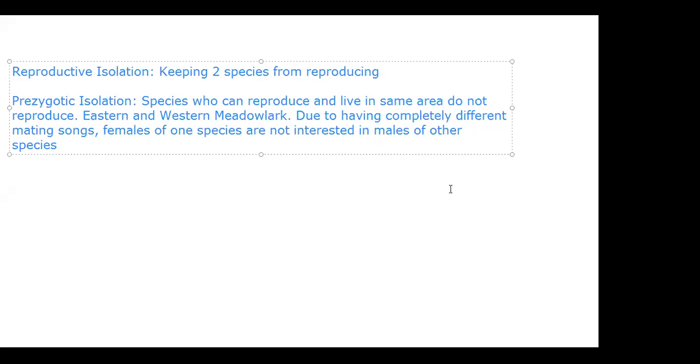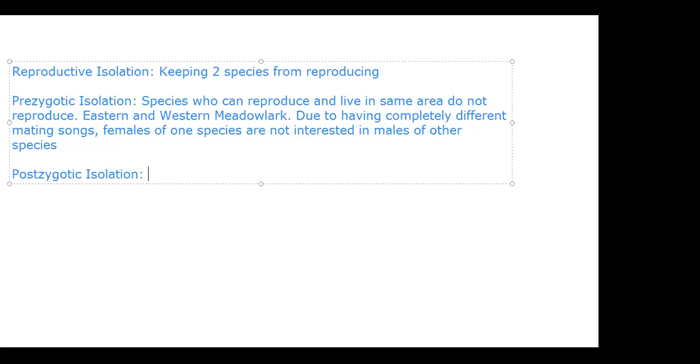But that's a good way to segue into the next one. If two different species do end up mating, that's called post-zygotic isolation. This is if two species have mated and they live in the same area.